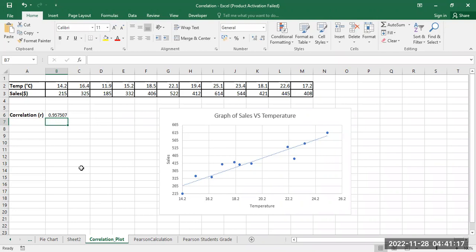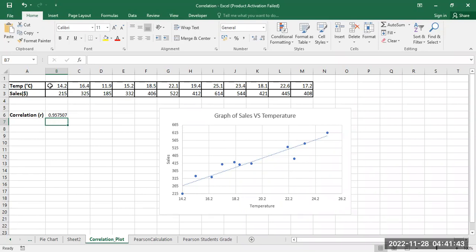In other words, it simply implies that these two variables, temperature and cells, are strongly positively linearly correlated. In other words, the higher the temperature of the city, the higher the cells. And of course, if you look through your data, you can see that is what this particular value is indicating.